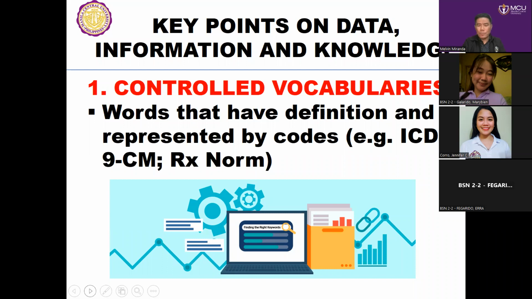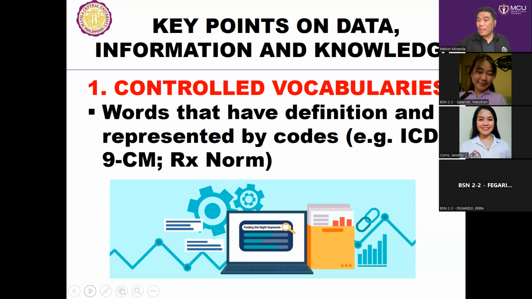Sige, magbigay tayo ng example. Ang ICD code for tuberculosis. Ang international code po for tuberculosis is Z11.1. Okay. So pag sinabi mong Z11.1, alam nyo na, tuberculosis. Pag ginamit yung code na yon.